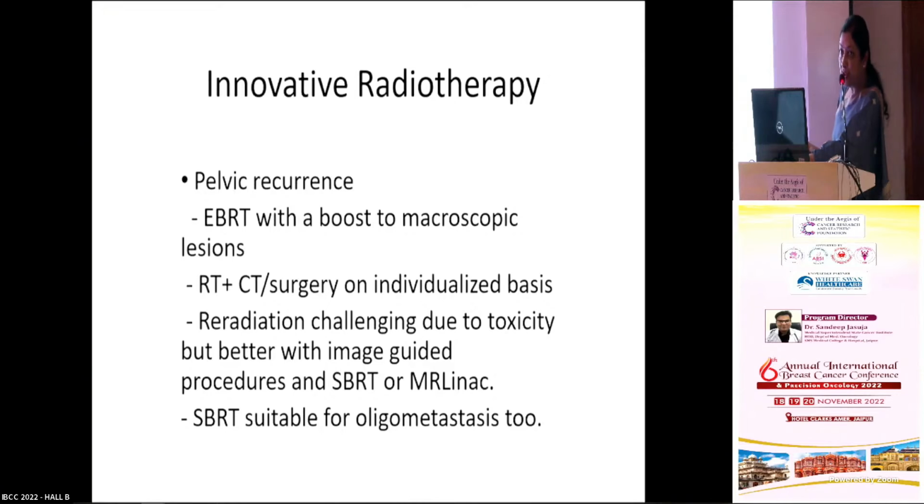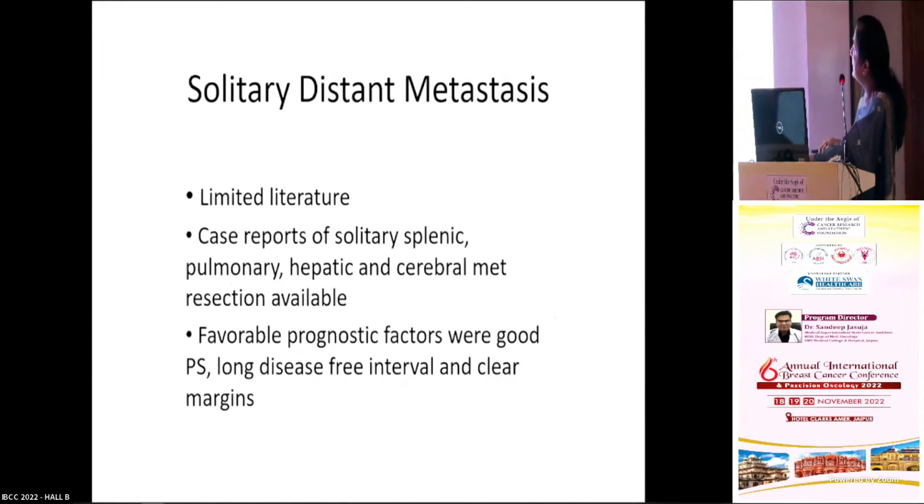Re-radiation is a challenging issue due to toxicity, but is now better with image-guided procedures and stereotactic radiation therapy or MR-Linac. Stereo-guided radiotherapy is also suitable for oligometastatic disease, which is less than 5 total lesions. Then you call it oligometastatic disease.